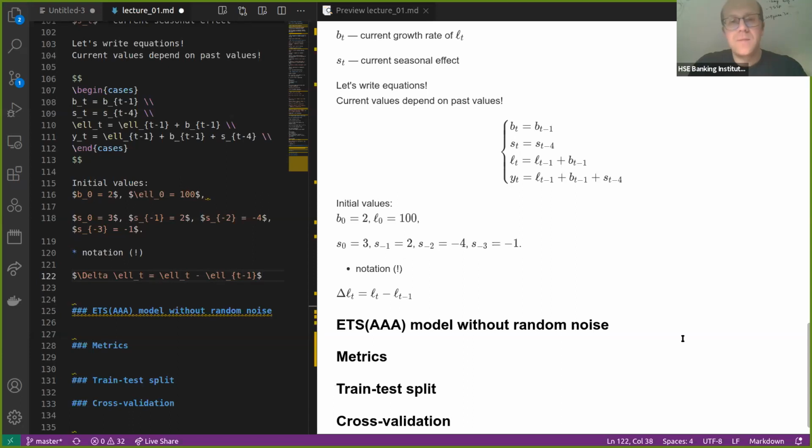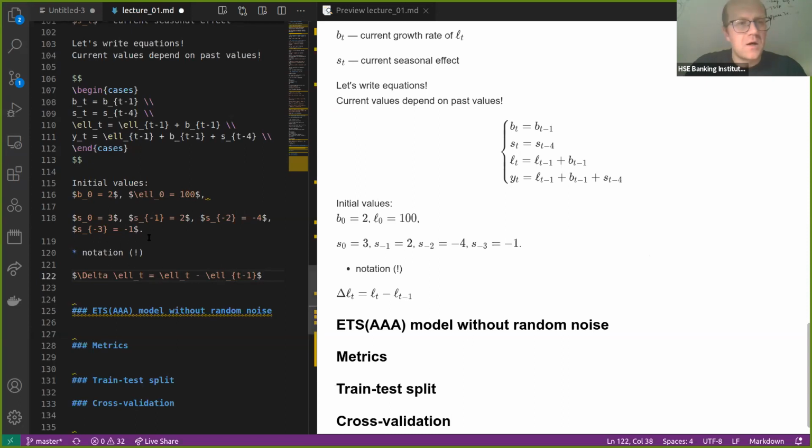Using this notation, you are right that BT minus 1 is just delta LT. So, Konstantin, the answer to your question is yes.